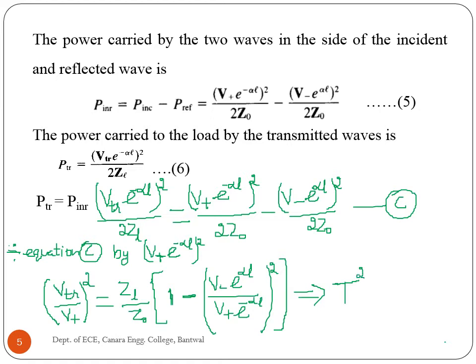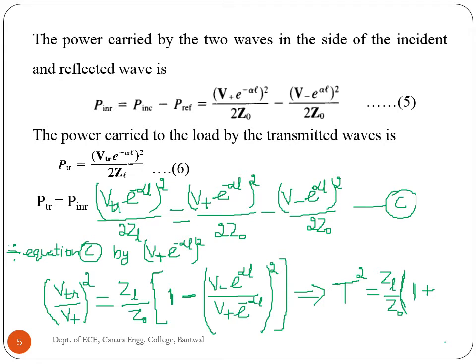So the square of the transmission coefficient is equal to ZL divided by Z naught into 1 plus V minus e to the power alpha L divided by V plus e to the power minus alpha L, which is the reflection coefficient.